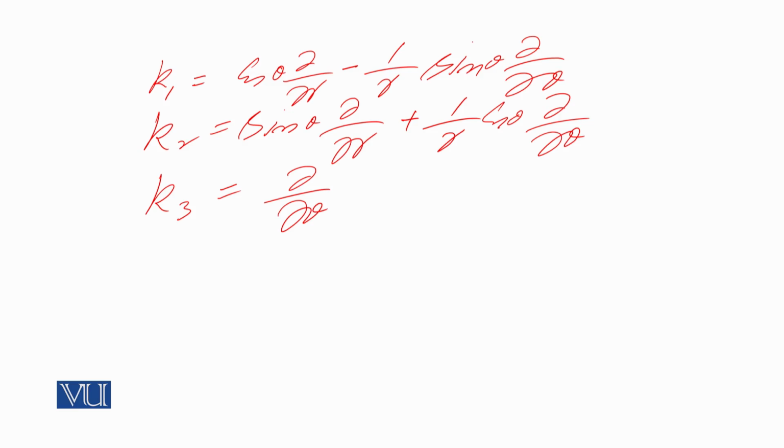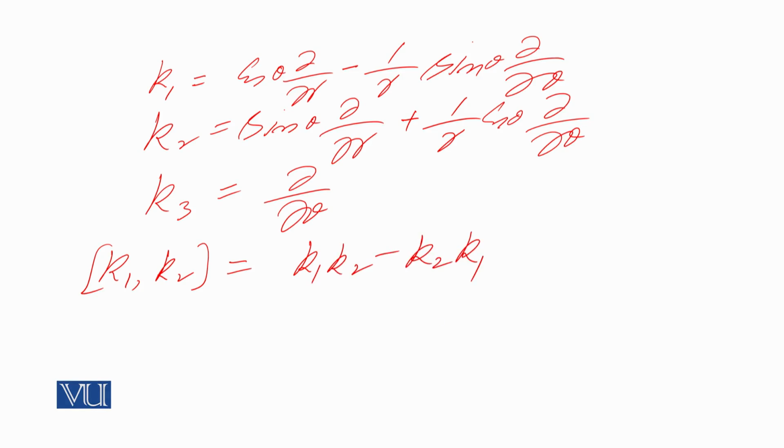So we have 3 generators, and the next interesting thing is to check whether these are closed or not. So I just show at least one case in which we can prove that this is a closed system. So we calculate the bracket K1, K2, which by definition is K1 K2 minus K2 K1.